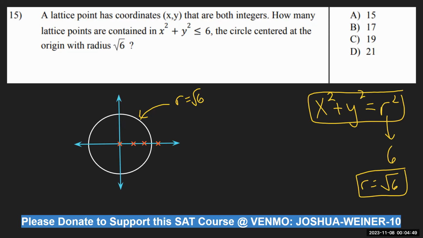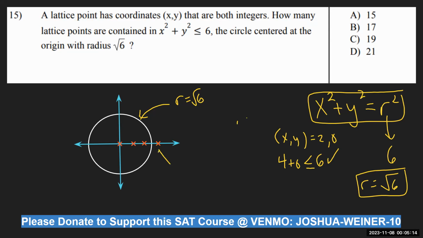So I say that, let's do the math on the point 2, 0. For example, if we have xy equals 2, 0, then 2 squared is 4 plus 0, which is less than or equal to 6, which is true.